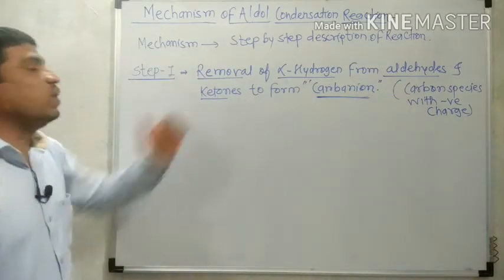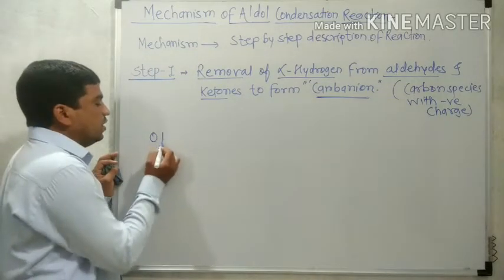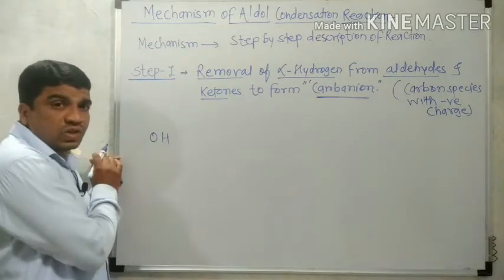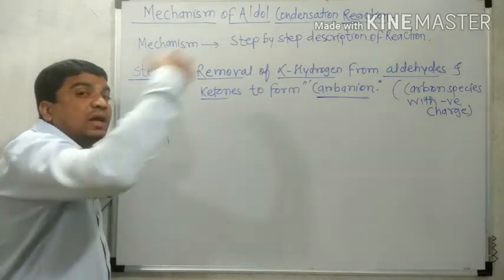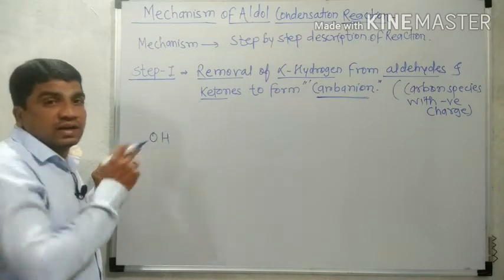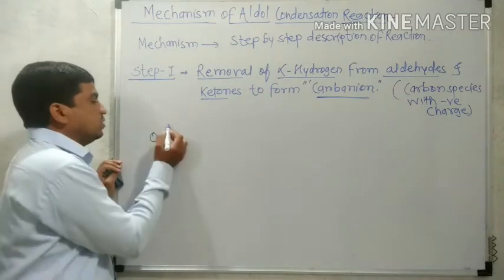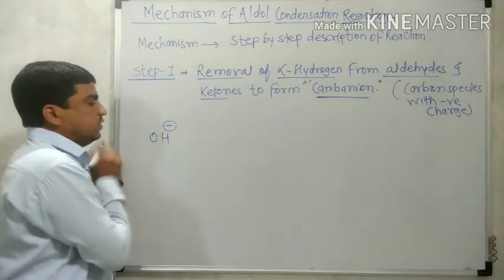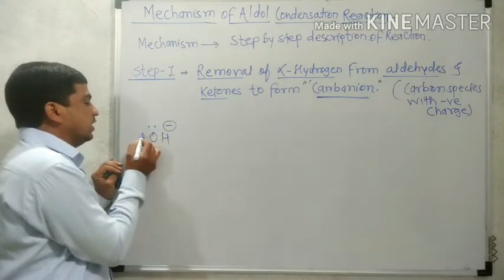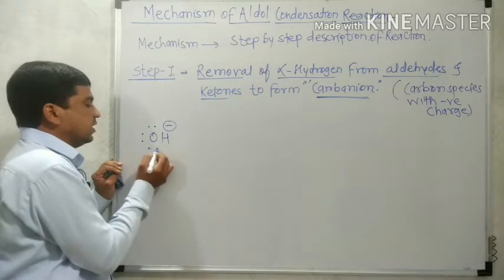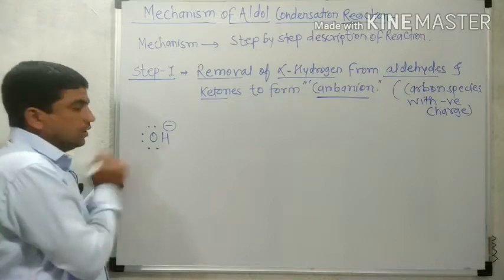So how does the first step occur? We know that we use a base in this reaction. When an aldehyde or ketone is reacted with dilute alkali, the Aldol condensation occurs. The alkali contains the OH minus species, the hydroxide ion, in which the oxygen atom contains 3 lone pairs of electrons: 1, 2 and 3.